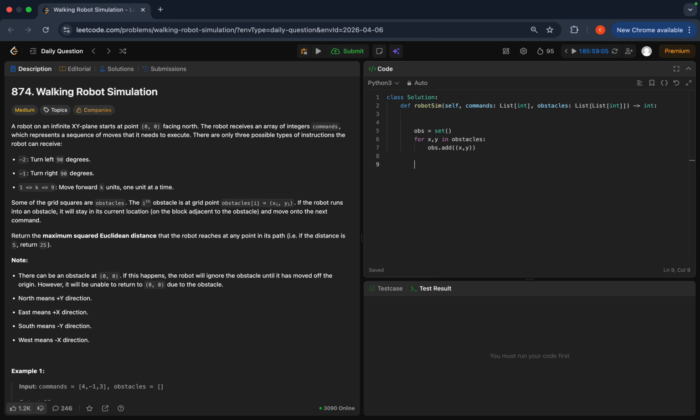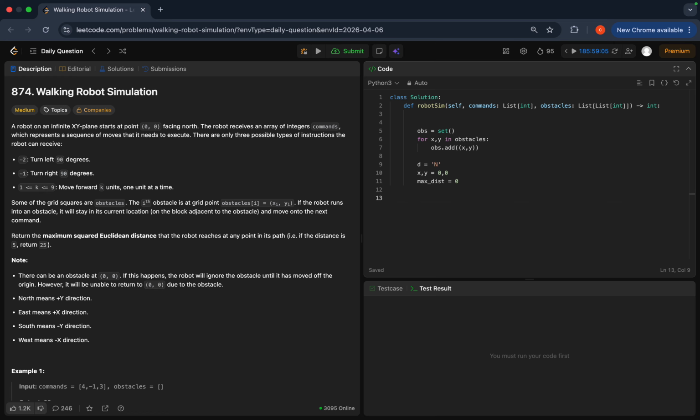And now you will have the initial direction d as north, and the initial coordinate values x and y equal to 0, 0. And max distance is also equal to 0. So all these initial values are done.